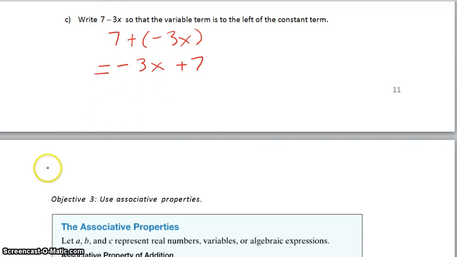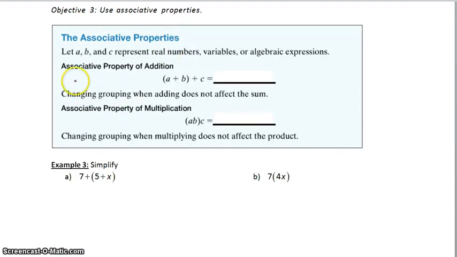So we're about to move on to page 12. Now on page 12 we deal with the associative properties of addition and also multiplication. Now the associative property of addition goes like this. We have our parentheses here, but if you notice all of our operations are addition.